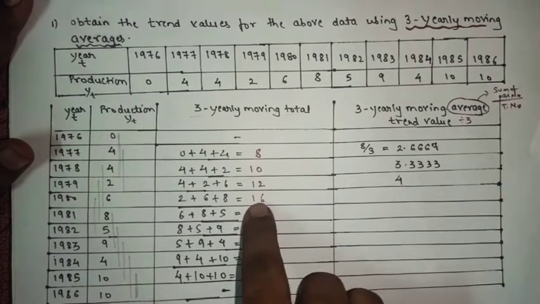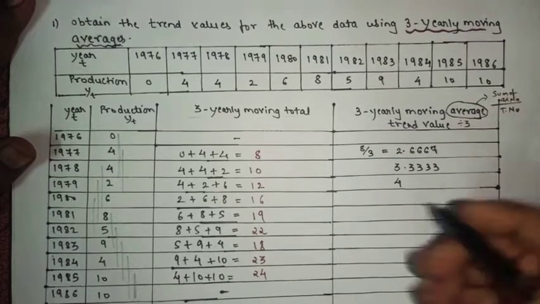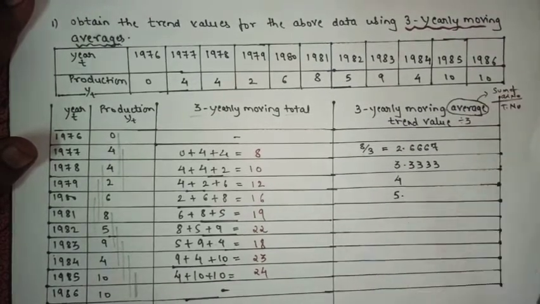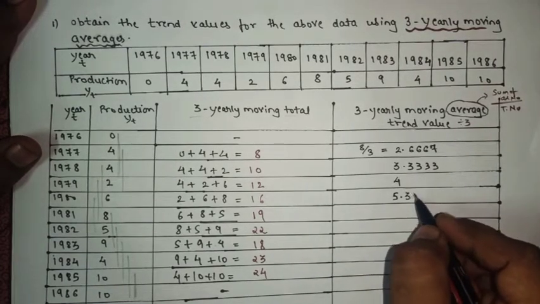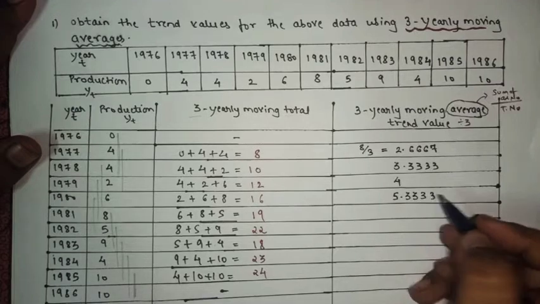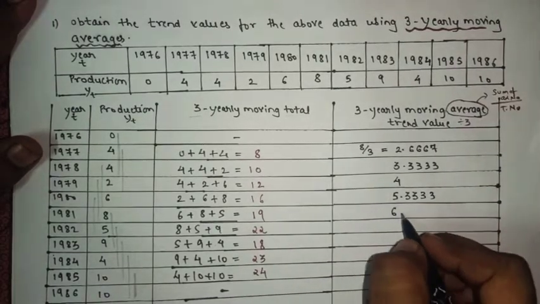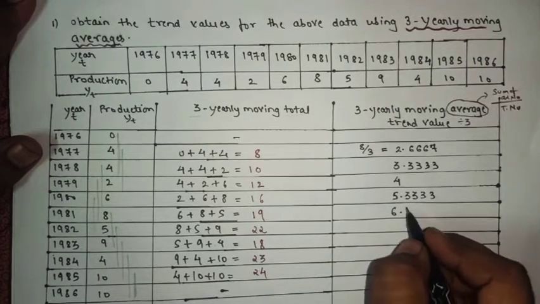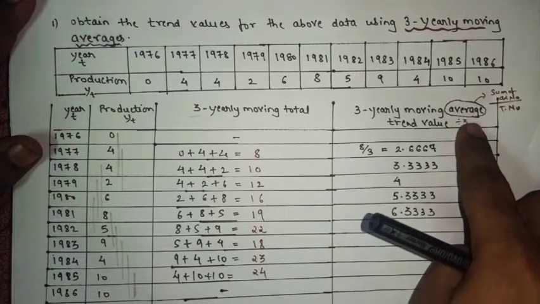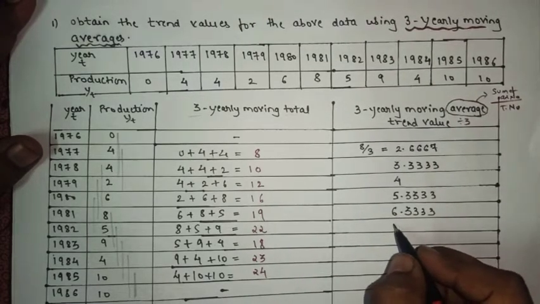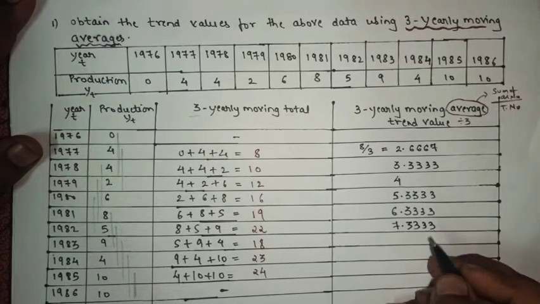The next, 16 divided by 3. 3 fives are 15, left with 1, so the answer will be 5.3333. 19 divided by 3: 3 sixes are 18, again the same, you will get 6.3333. 22 divided by 3: 3 sevens are 21, so again this will be 7.3333.